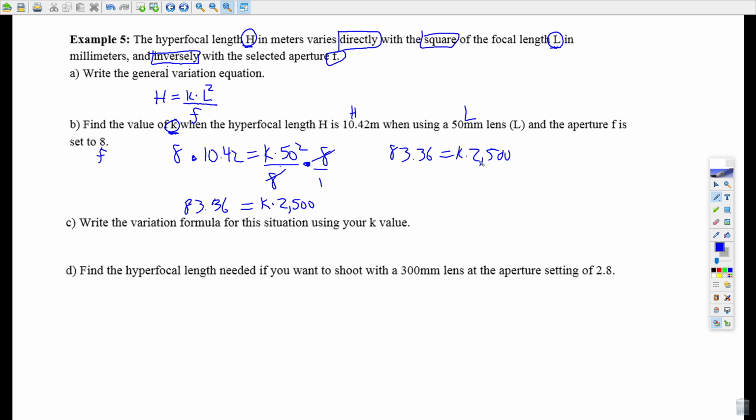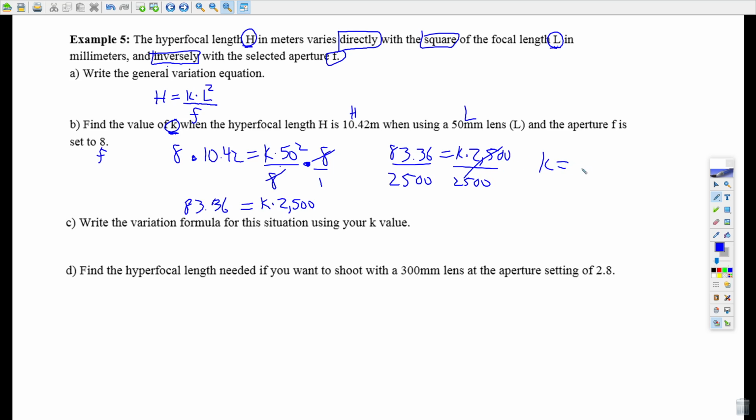And then how do you get rid of the 2,500? Since you have multiplication between the two, you would divide by 2,500, and then this cancels out. So do 83.36 divided by 2,500.